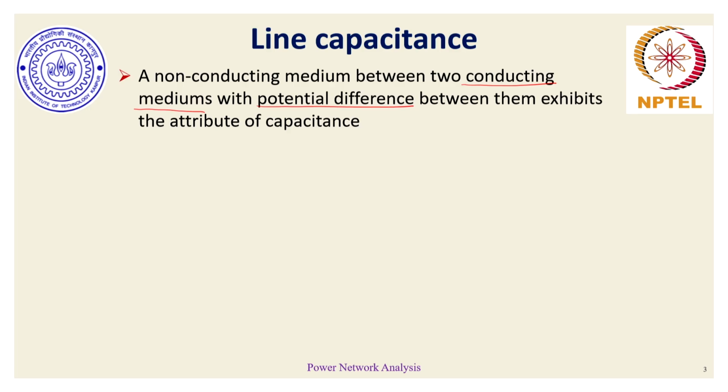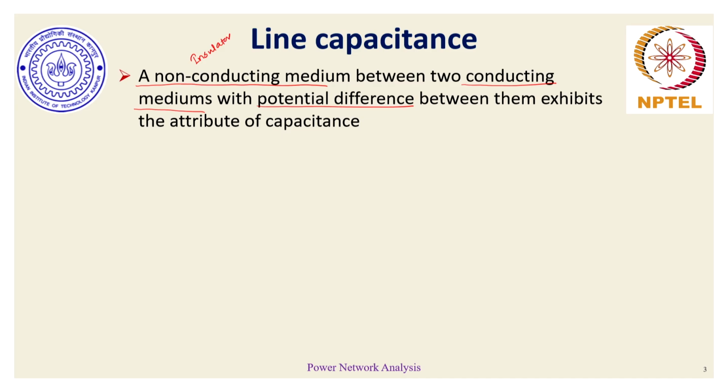These two conducting mediums are not electrically in contact with each other. In fact, there is a non-conducting medium present between these two charged bodies, which have unequal charges on them, resulting in some potential difference between them. This non-conducting medium could be an insulator, or any other device which is not a good conductor.